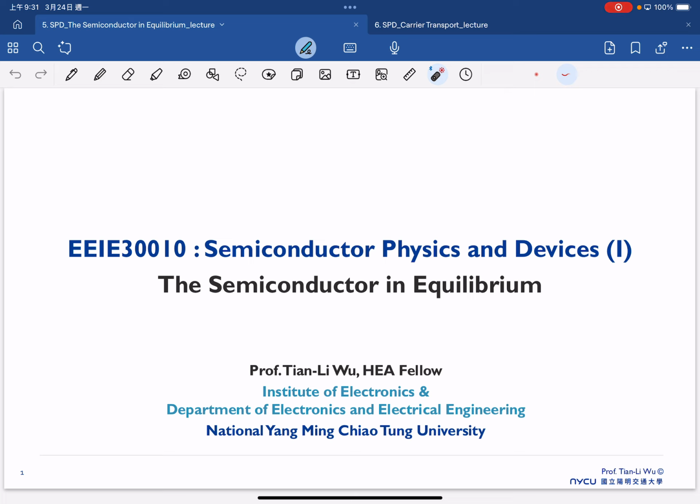And today we focus on the semiconductor in equilibrium, which means this is the case that we consider that there's no external force applied to our semiconductor material. It's purely the case under equilibrium.